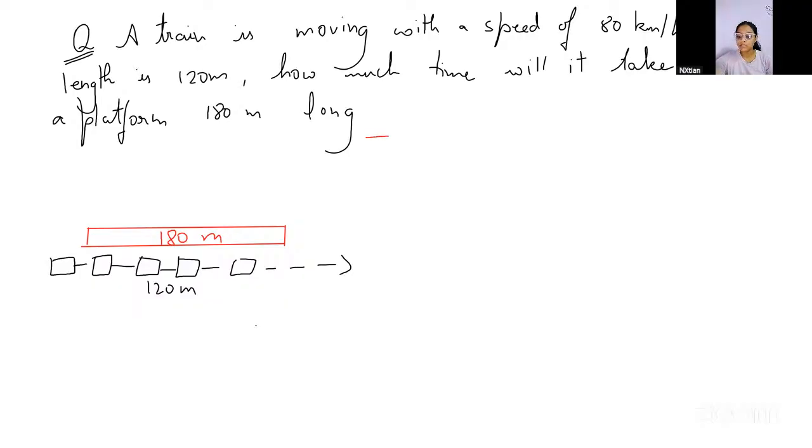So we will add 120 meters, the length of the train, and the length of the platform, 180 meters. So the total distance covered is going to be 120 plus 180, which is 300 meters. Now we have to find out in how many seconds 1 meter distance will be covered.